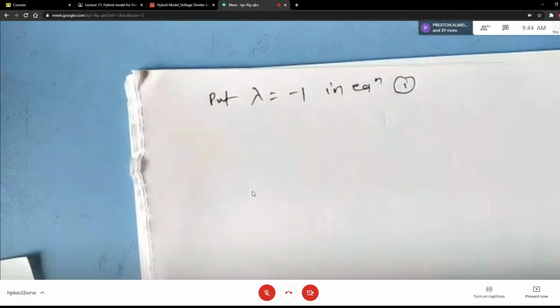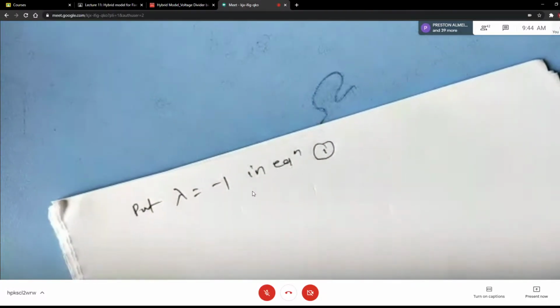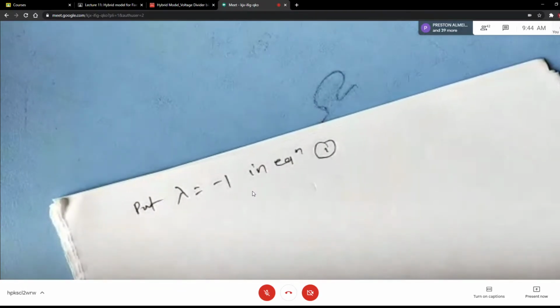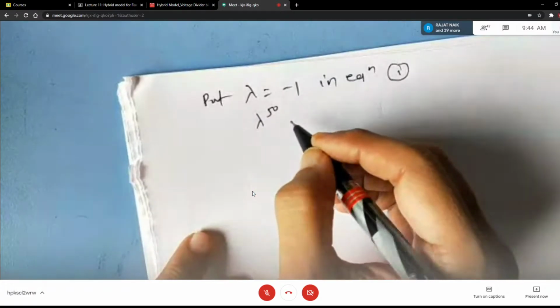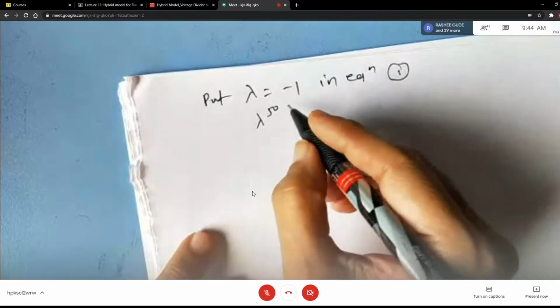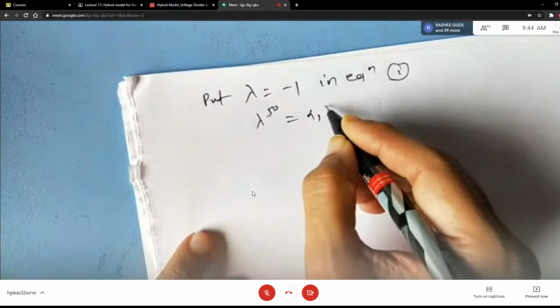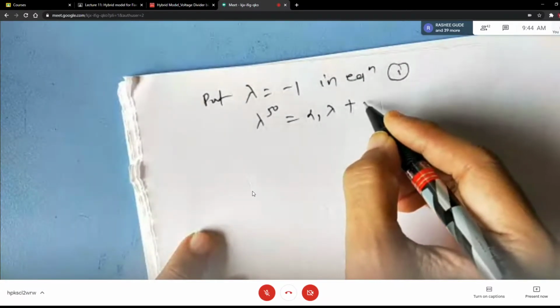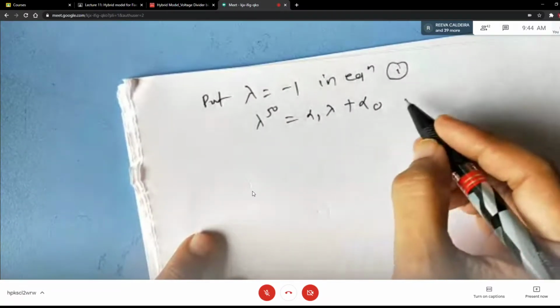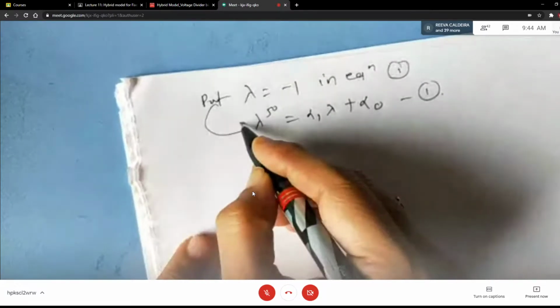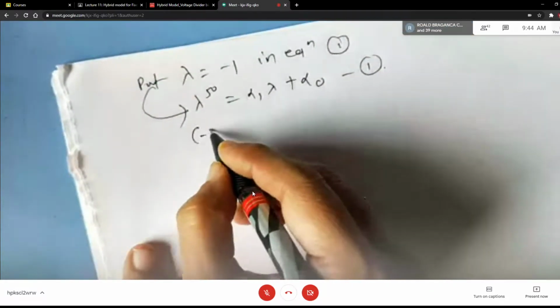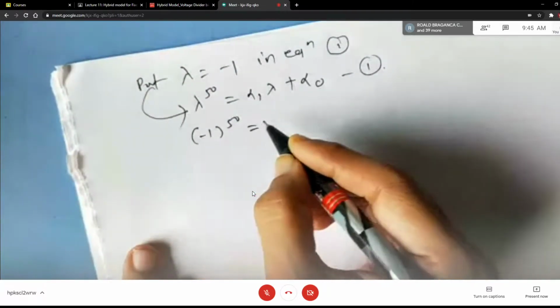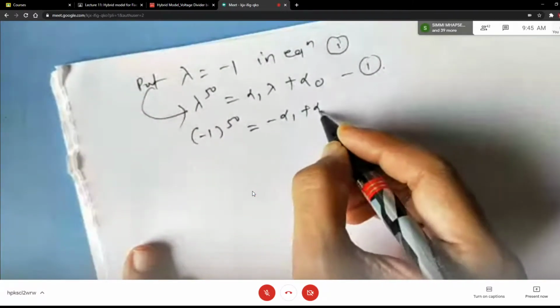When you put this in equation 1, how will the equation look? Again I am writing lambda raised to 50 is equal to alpha 1 lambda plus alpha naught. This is our equation 1. In this equation, lambda equal to minus 1 will go. So it will be minus 1 raised to 50 is equal to minus alpha 1 plus alpha naught.